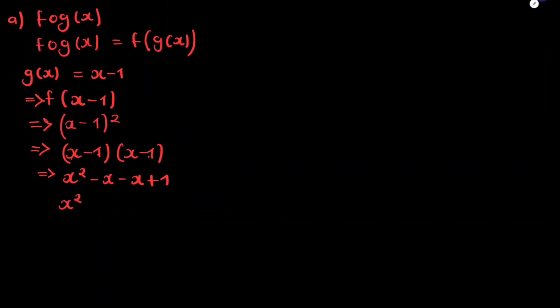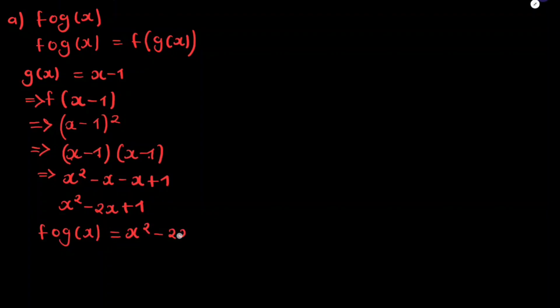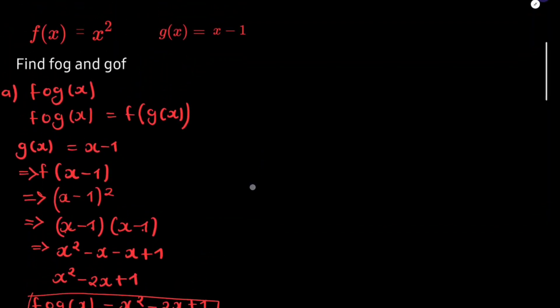We will have x squared minus 2x plus 1. So now our f of g of x is simply equal to x squared minus 2x plus 1. So that is our first case.